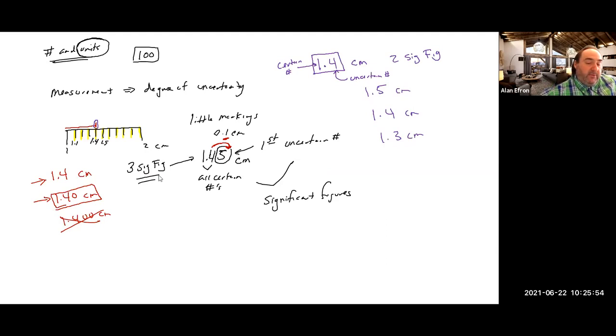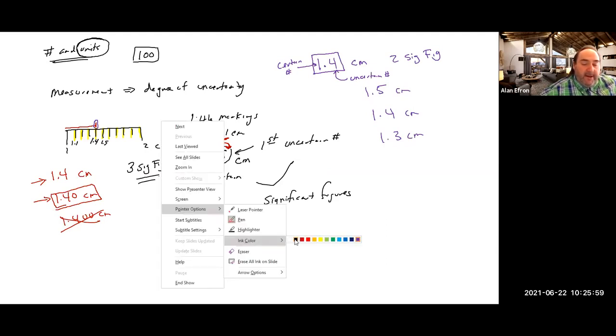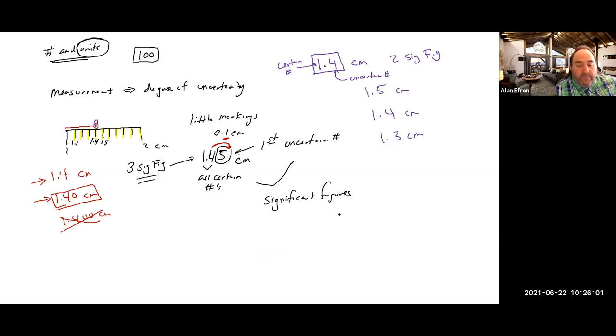How does that change when we actually do the correct measurement and put in our number as what it should be in this case, 1.40 centimeters? Well, 1.40 centimeters means that this number has 3 significant figures. It also means that the 1 and the 4 are our certain numbers, and the 0 is our uncertain number.